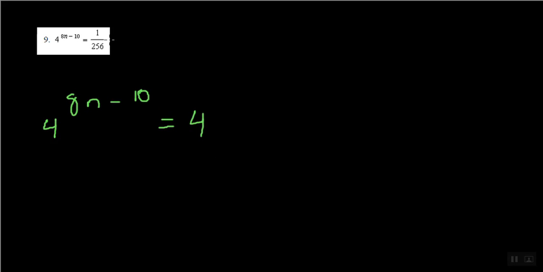Now, do you guys remember what happens when there's a fraction, 1 over something? That's right, it's going to be a negative exponent. 4 to the power of something equals 256. And what could this be? This is none other than 4 to the power of 4, because 16 times 16 is 256.